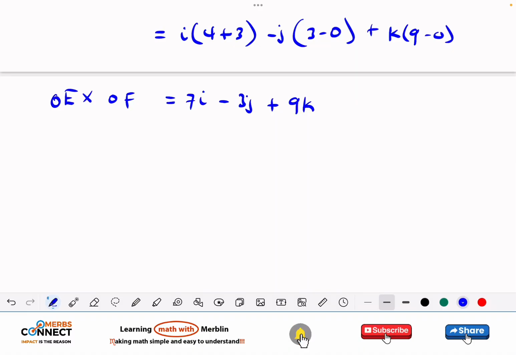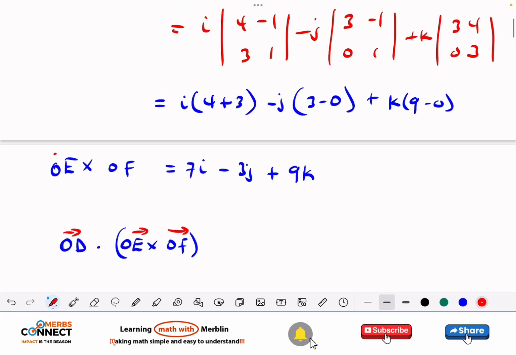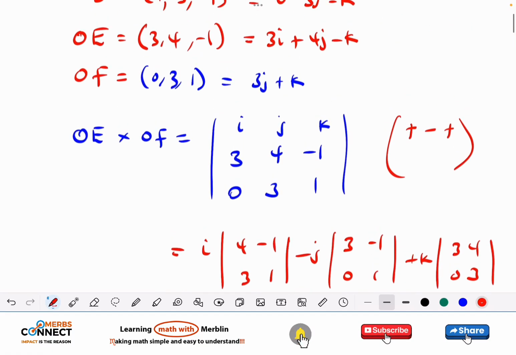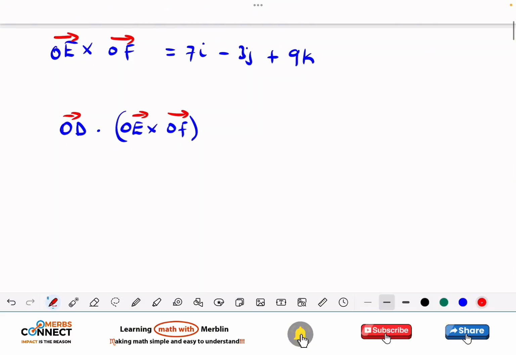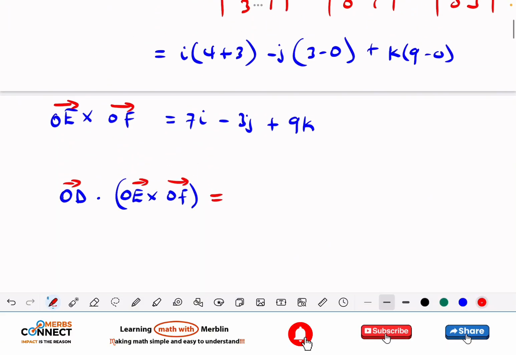We are going to have OD dot OE cross OF. Let me put vector on them so that you can get the vectors. Now let's do the dot.